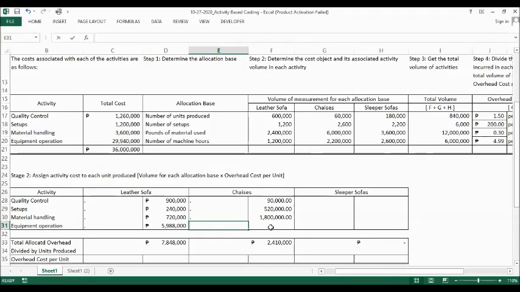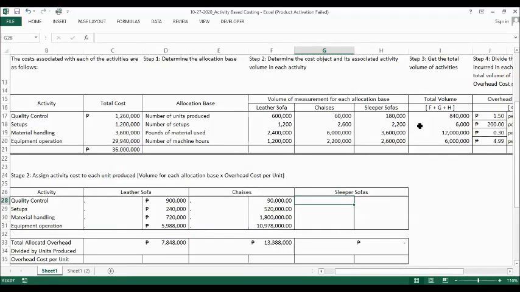And lastly, 2.2 million times 4.91 is 10,978,000 for a total allocated overhead cost of 13 million.